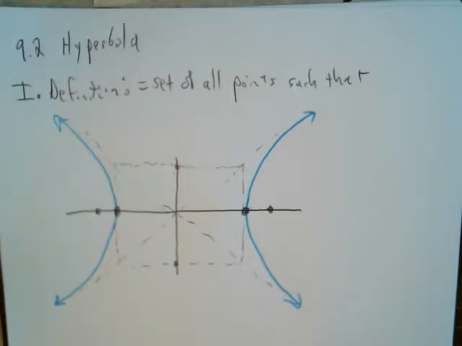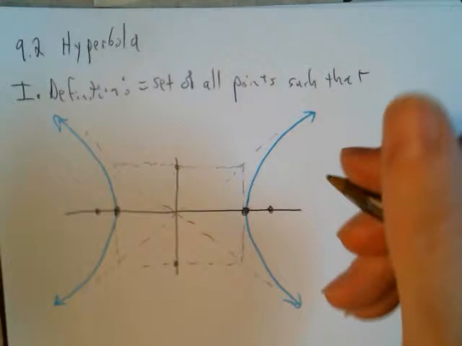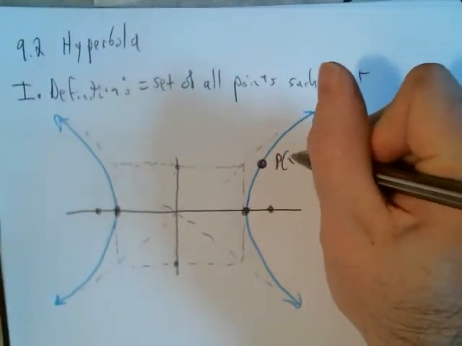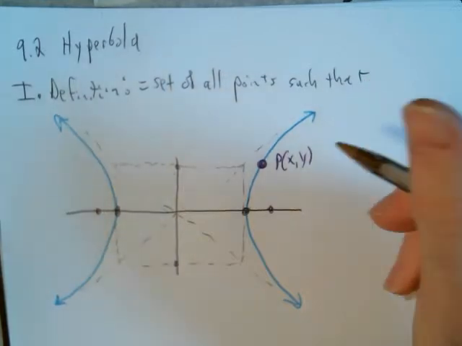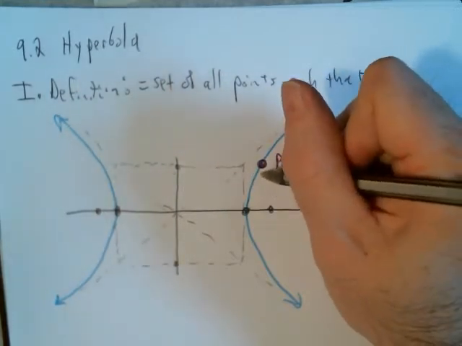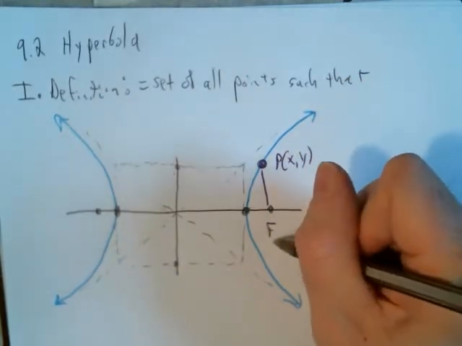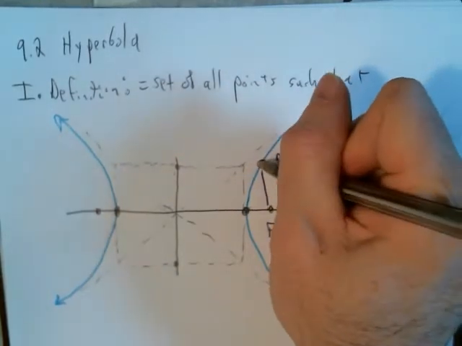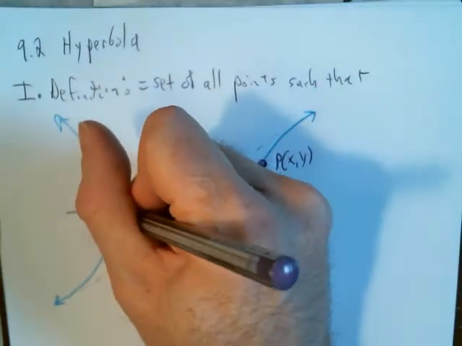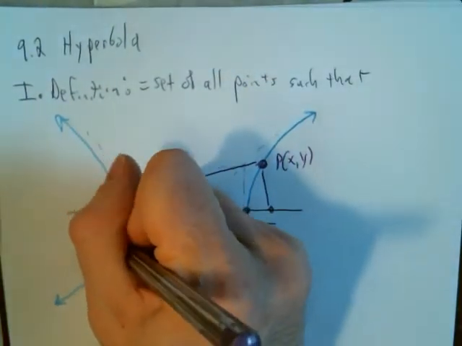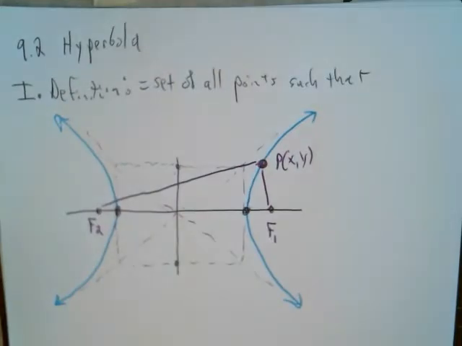Okay, so the definition: the set of all points x, y, so we can put one point here, this is P, x, y, such that the distance from P to this focus, we'll call this F1, minus the distance from P to this other focus, F2, is equal to a fixed constant.